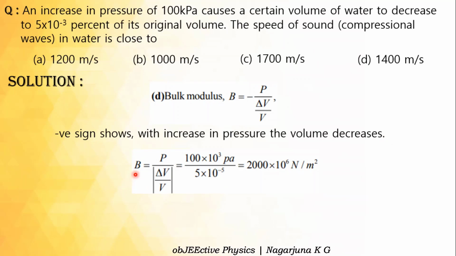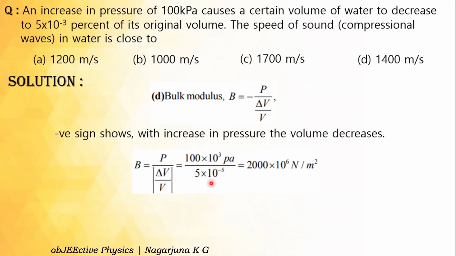That implies B is equal to P divided by modulus of delta V by V, which is equal to 100 into 10 cube Pascal. P is given in the question, 100 kilopascal, divided by delta V by V, which is also mentioned in the question, that is 5 into 10 power minus 3 percent.